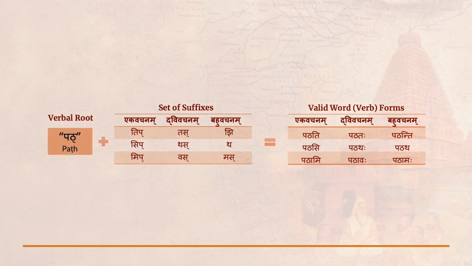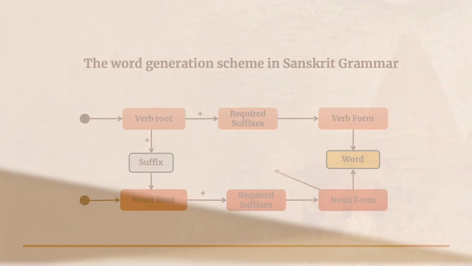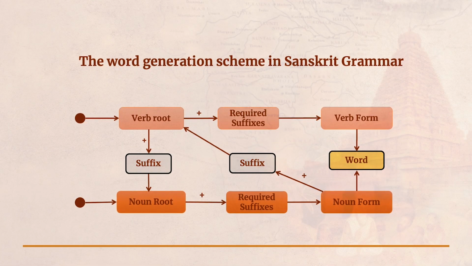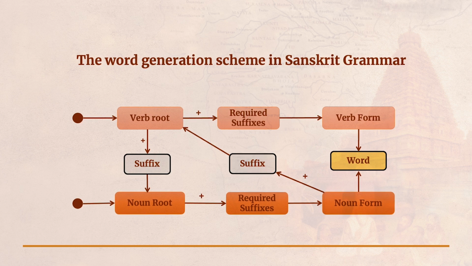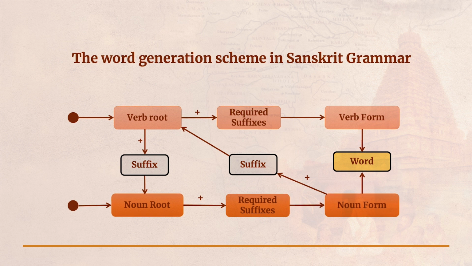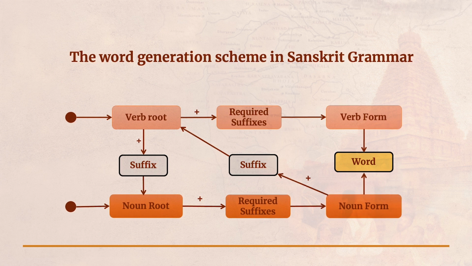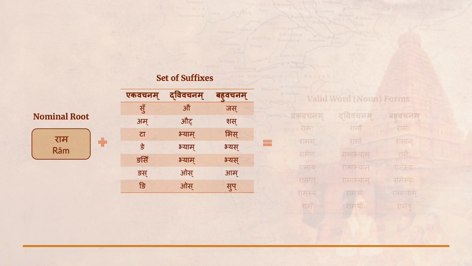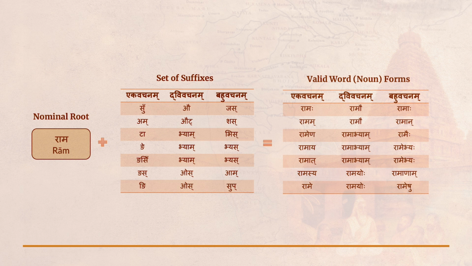The point you have to understand is you can take a nominal root, add a set of suffixes and end up with valid nouns, or take a verbal root, add a set of suffixes and end up with a verb form and so on. Now the 7 into 3 are 7 cases, and singular, dual and plural.